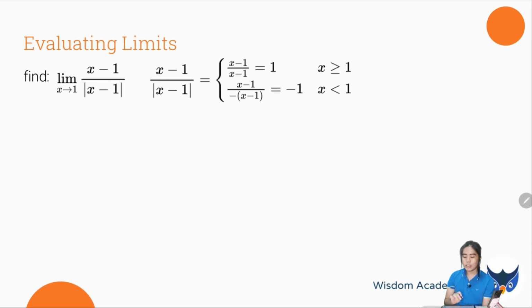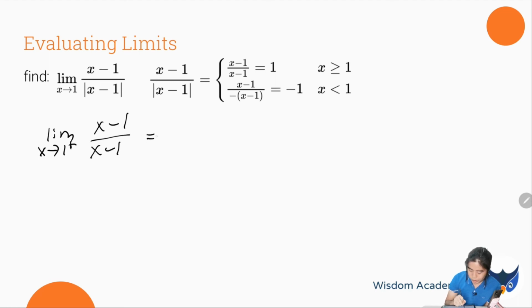So, ngayon, since piecewise function na siya, kailangan na nating hanapin yung limit niya from the left and from the right. So, limit as x approaches 1 from the right muna. Ibig sabihin, x is greater than 1. So, equal siya sa 1, since alam natin dito na equal siya sa 1.